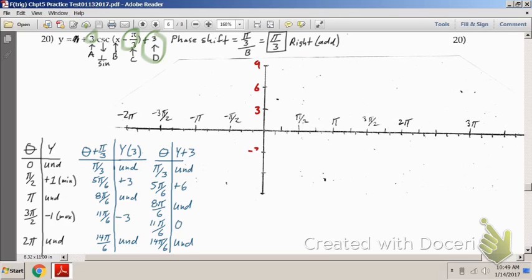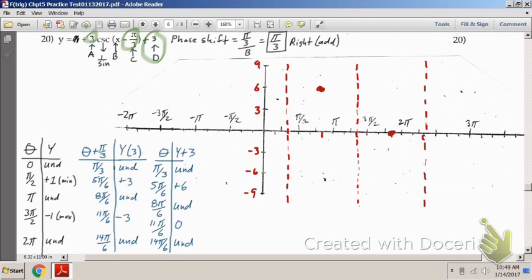I scale this graph so it looks nice and plot my stuff in there. And this is where it was nice to leave all of my x values as unreduced fractions. Max becomes mins, mins become max.